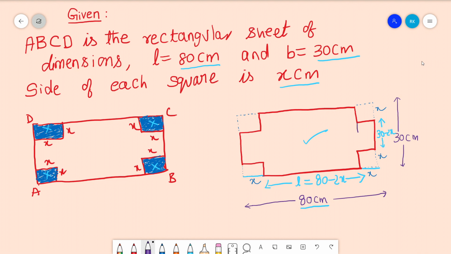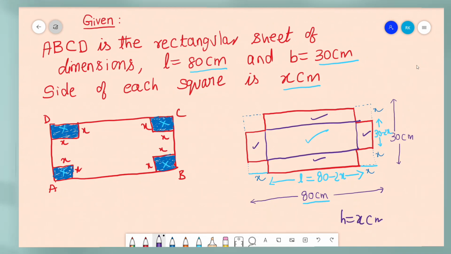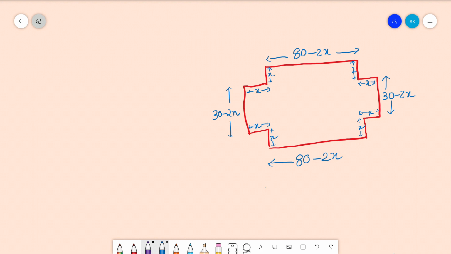On folding these 4 parts, this one and this one, on folding these parts, you will get a rectangular box. So the height of the rectangular box will be x centimeter. Now if you read the question, it says that the sides are turned up.